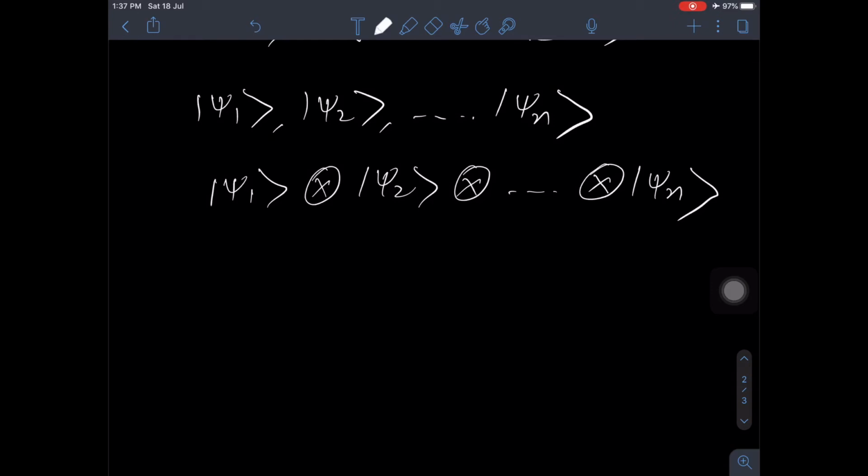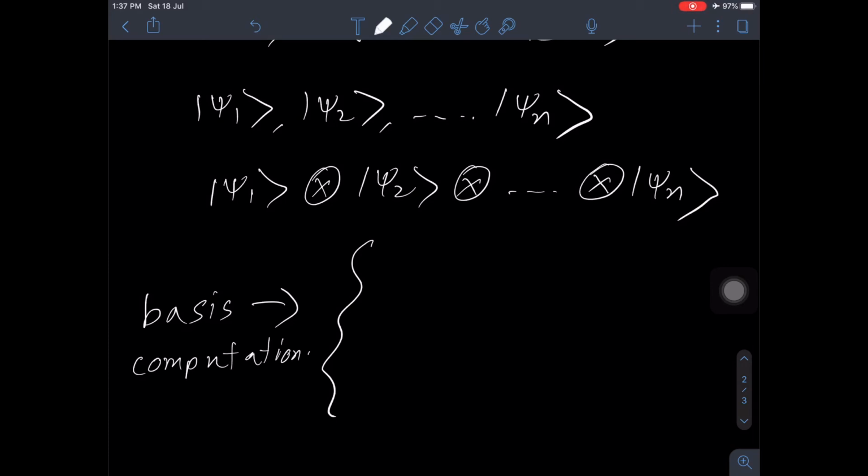All right, and now you can see the basis elements will be all the combinations in the computational basis.